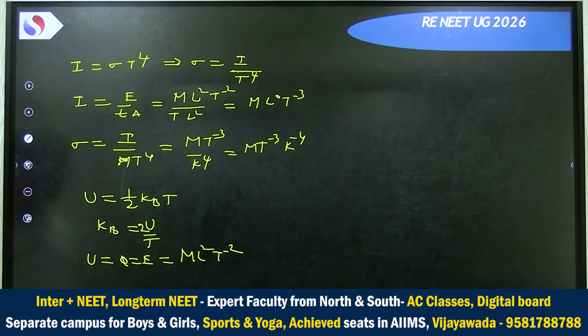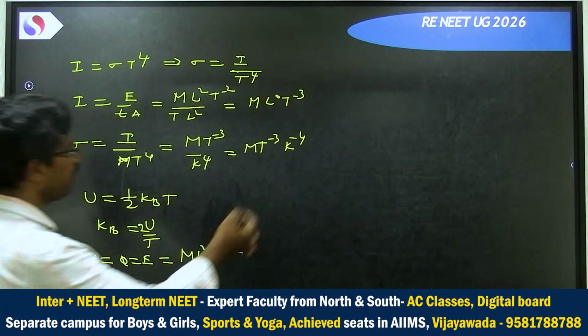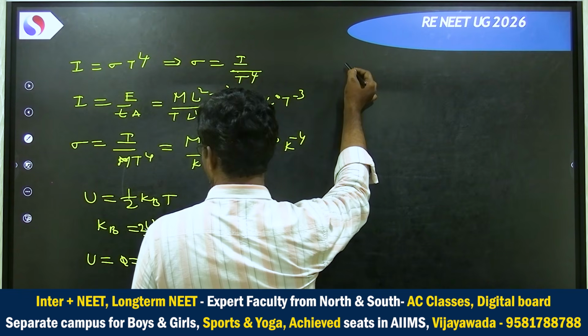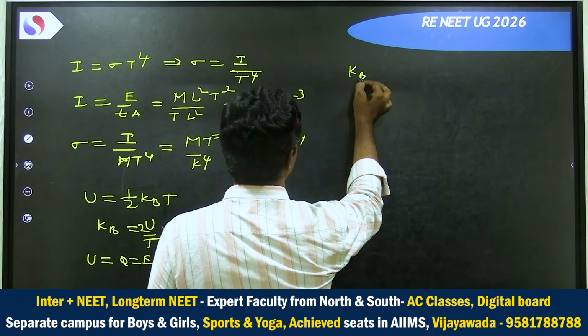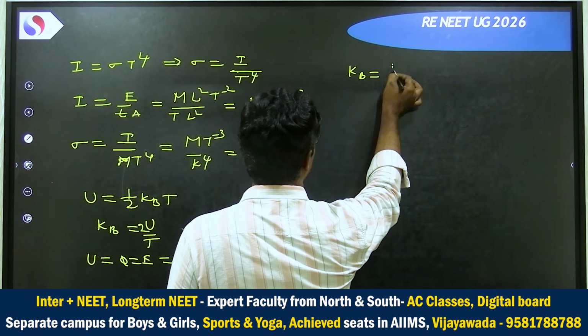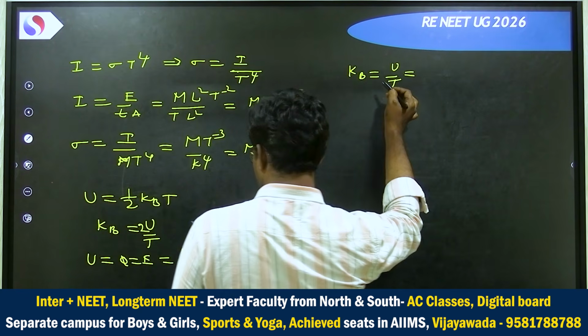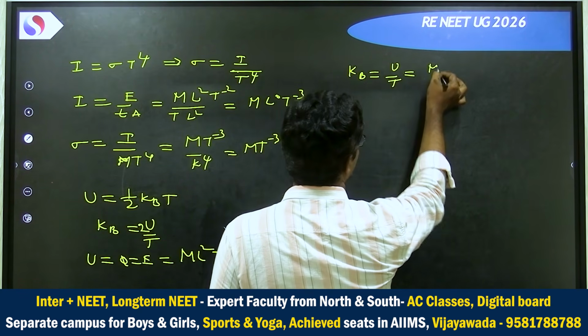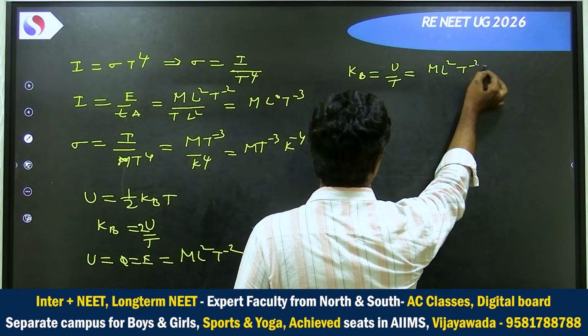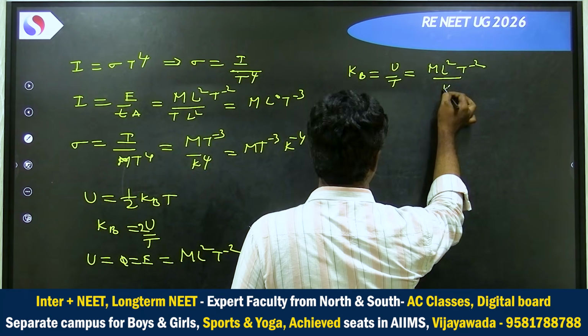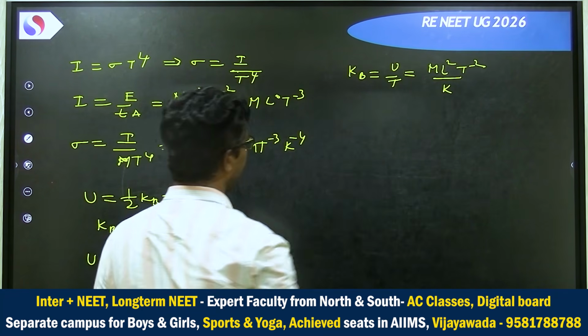So the Boltzmann constant KB is equal to U by T, that is M L squared T power minus 2 by temperature in Kelvin.